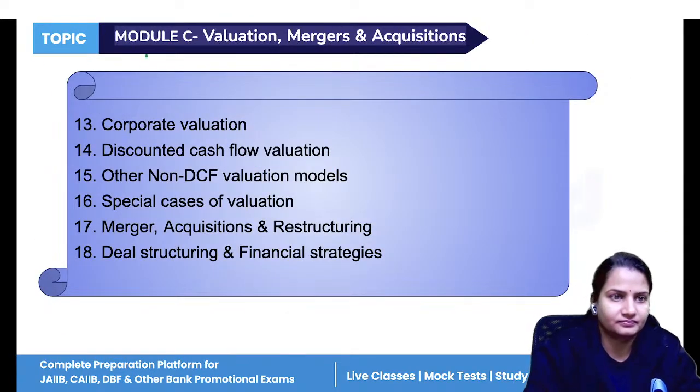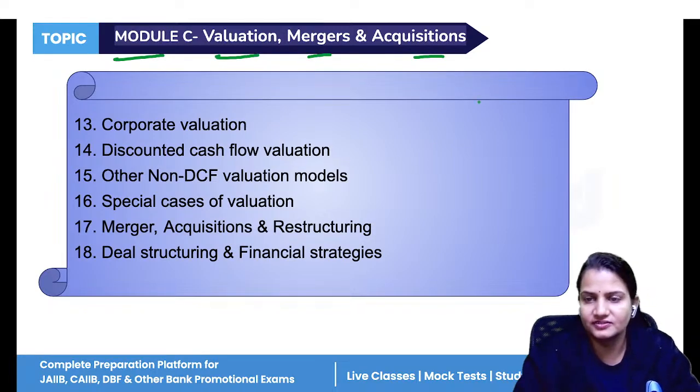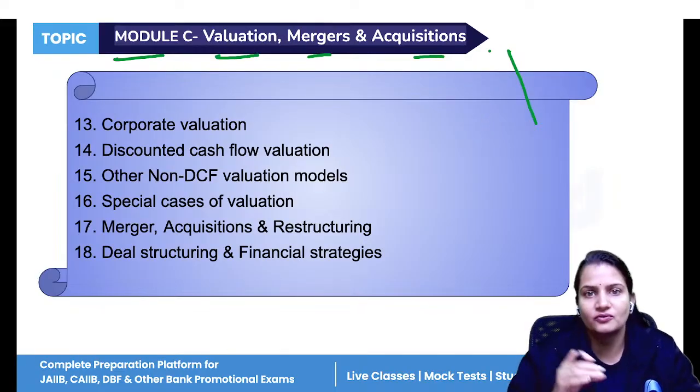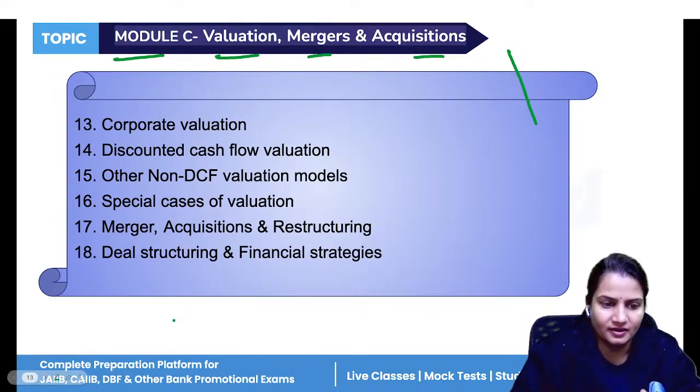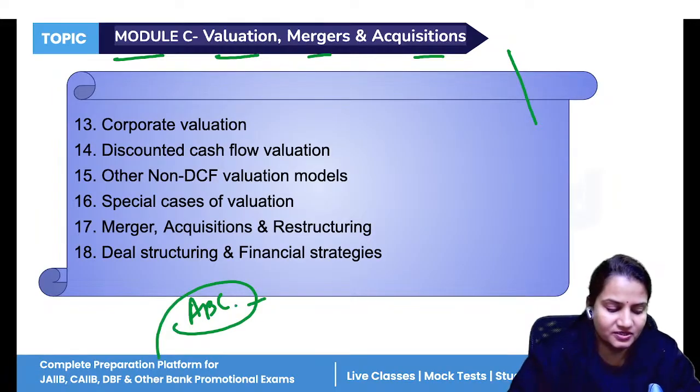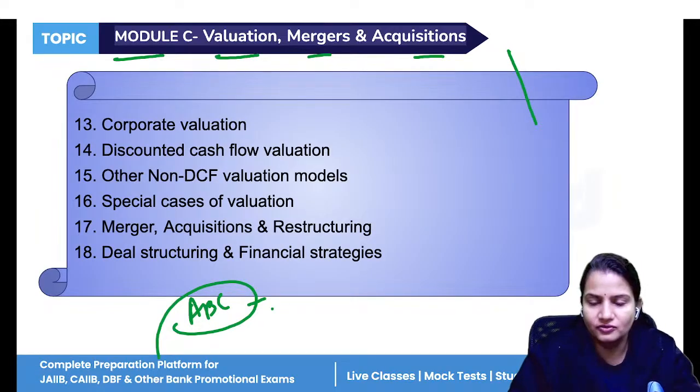All right. Next, you have module C. It is valuation, mergers, and acquisition. This is a new type of module. In this module, you have to study how you will do the valuation of any company which you want to purchase. Like you have decided in your mind, I will purchase company ABC. Before purchasing this company, you will put a value on this company, that at what value you will purchase.